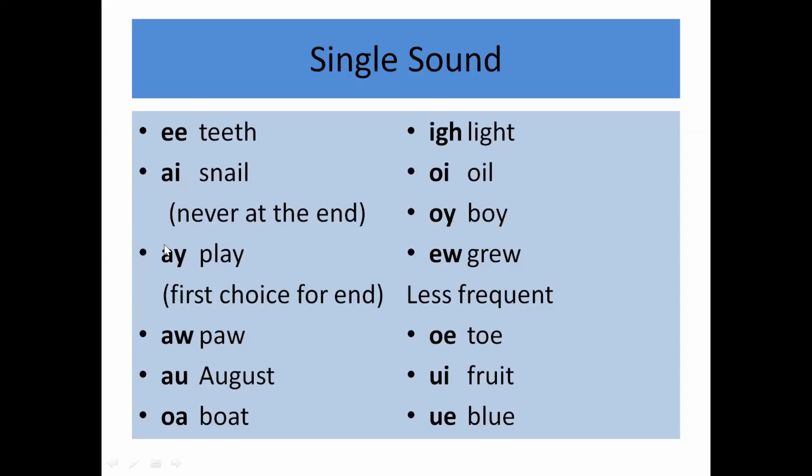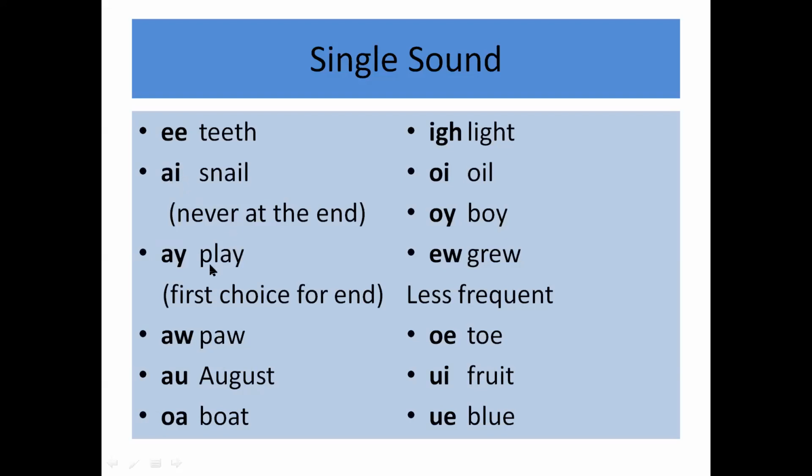We cannot always be certain, but in words like play, if you hear the A at the end of the word, you're going to choose this combination with the Y, okay? Same thing, you would never choose that for an end combination.